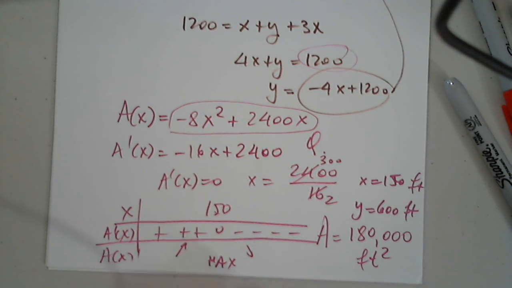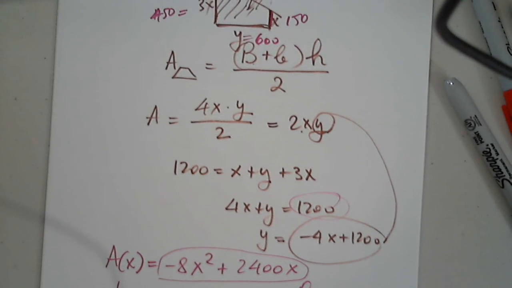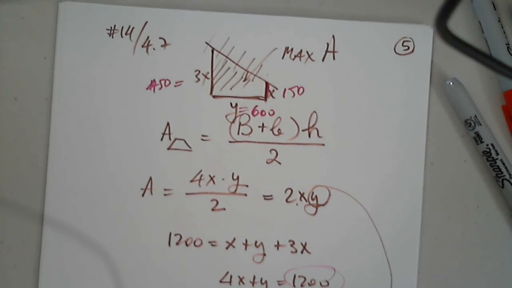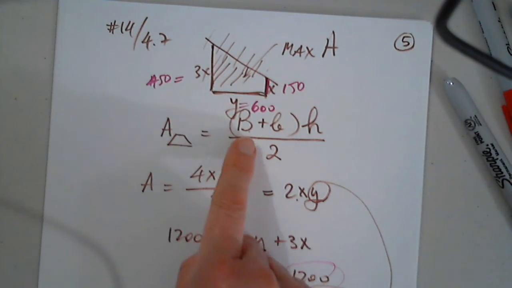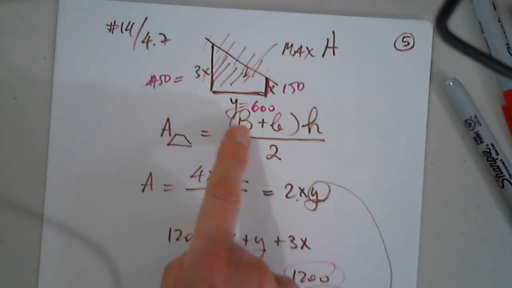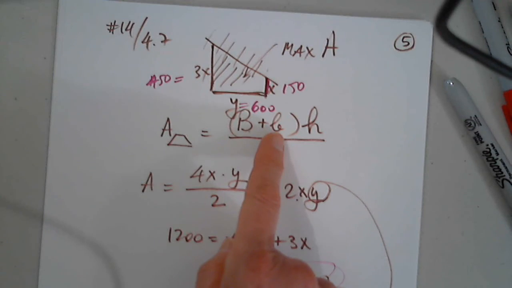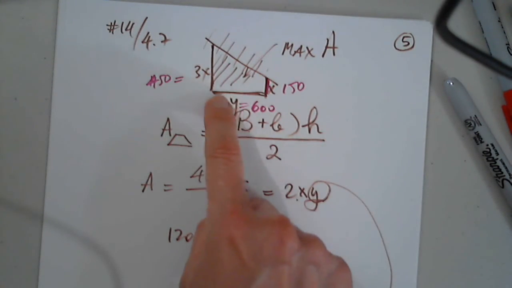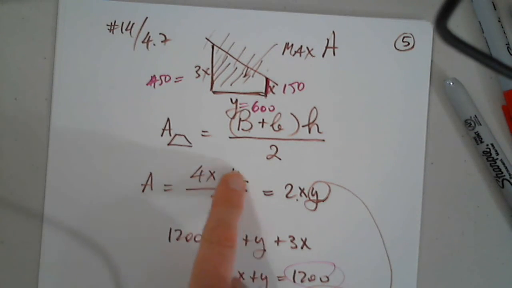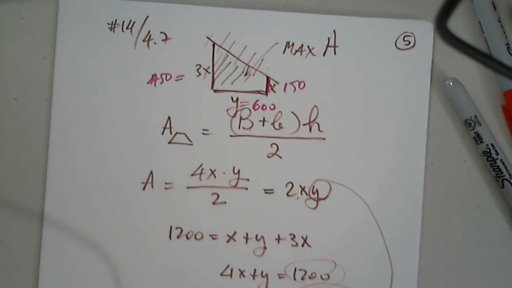Professor, I have a question. Can we go to the top of this one? So you said A equals 4x times y. Where did you get that 4x from? The big base is 3x, the small base is x, 3x plus x is 4x, times the height, which is y. Then I simplified to get 2xy.